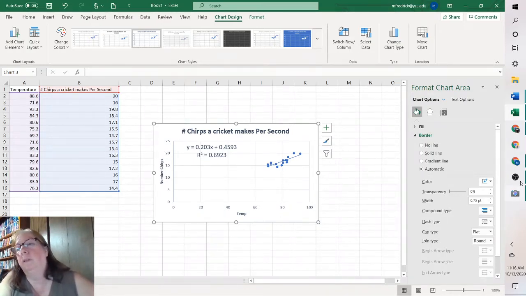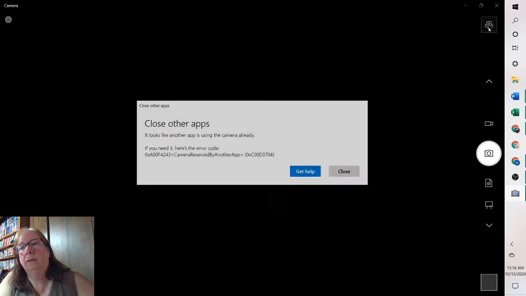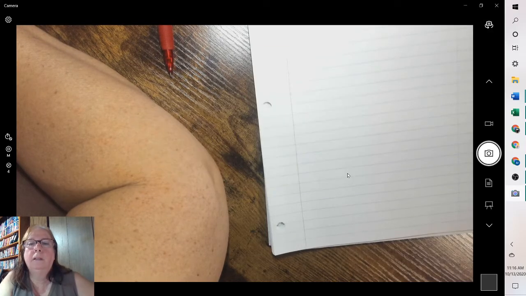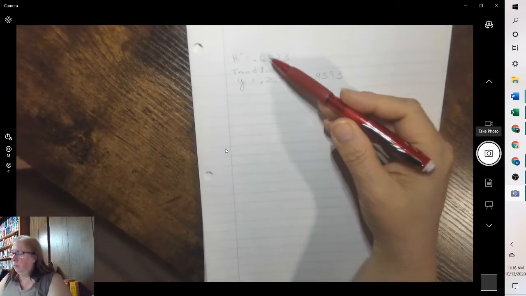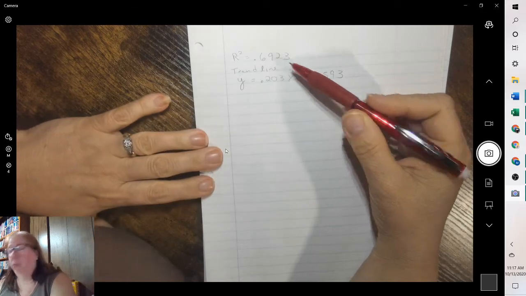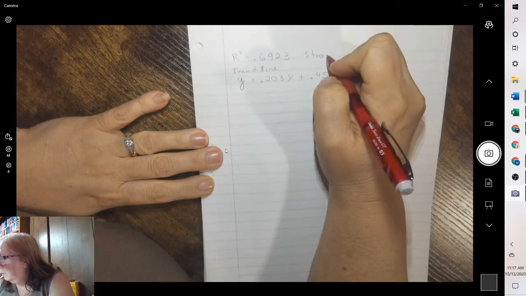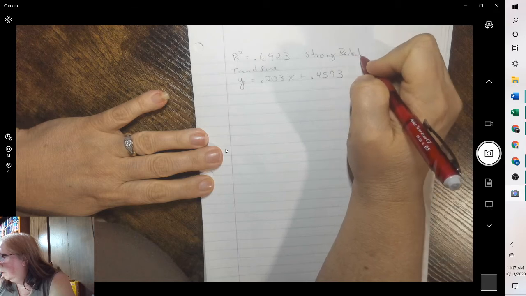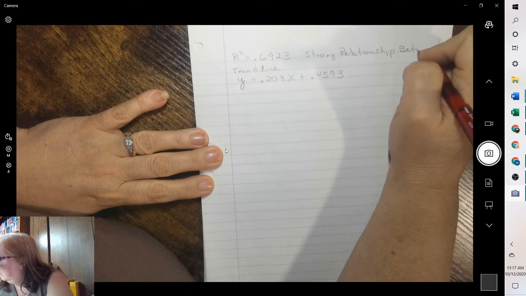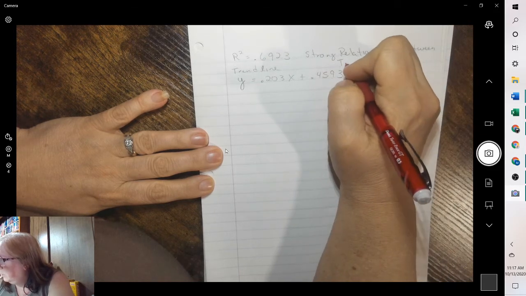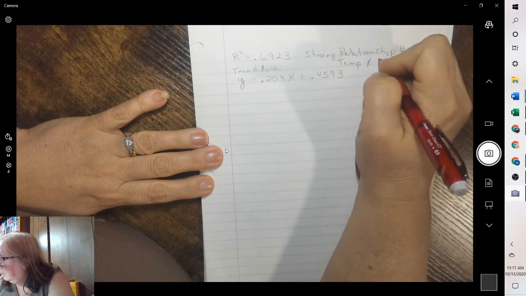Well, let me go over here. So the R squared told us it was a strong relationship between temp and number of chirps.